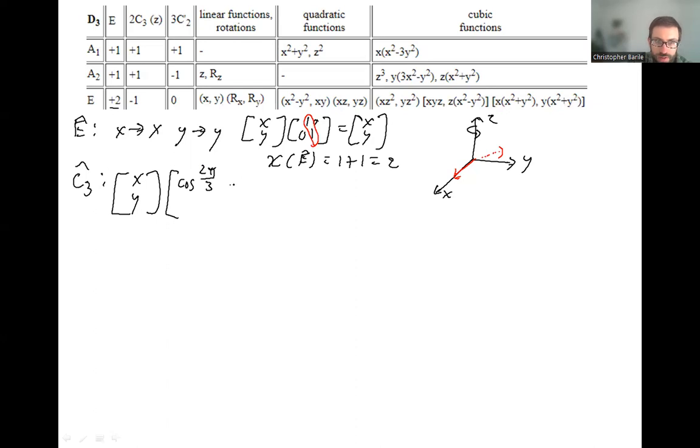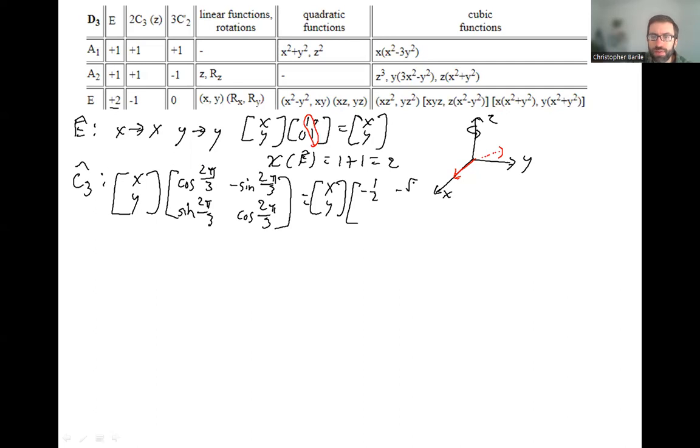It's cosine 2 pi over 3, minus sine 2 pi over 3, and sine 2 pi over 3, and cosine 2 pi over 3. This equals -1/2, -√3/2, √3/2, and -1/2, just our trigonometry here.